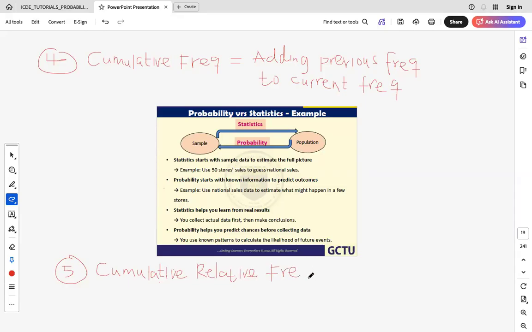And that also has this formula as raw cumulative frequency divided by the total frequency.